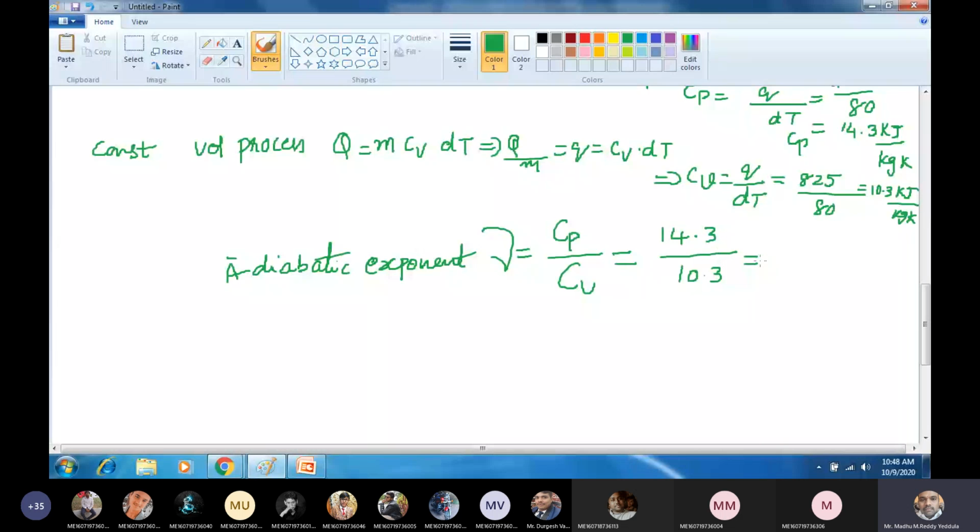What is this value? 1.38. No units, it is the ratio.